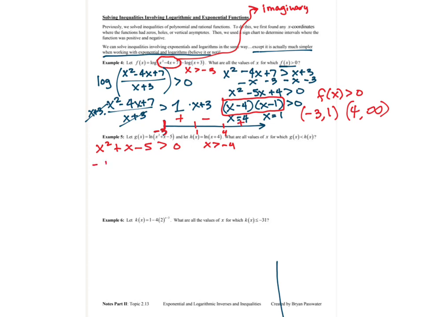So negative 1 plus or minus the square root of 1 squared minus 4 times a times c, which is 21, all over 2.